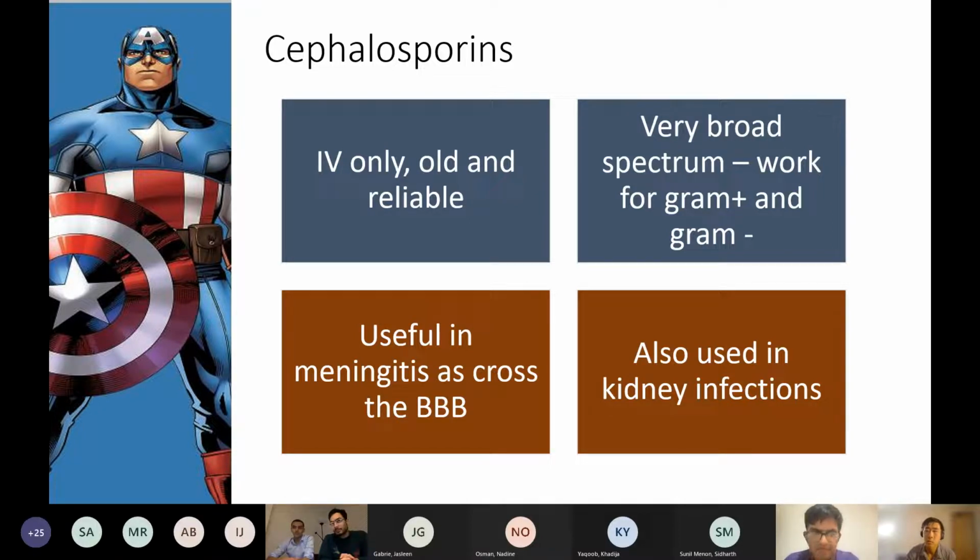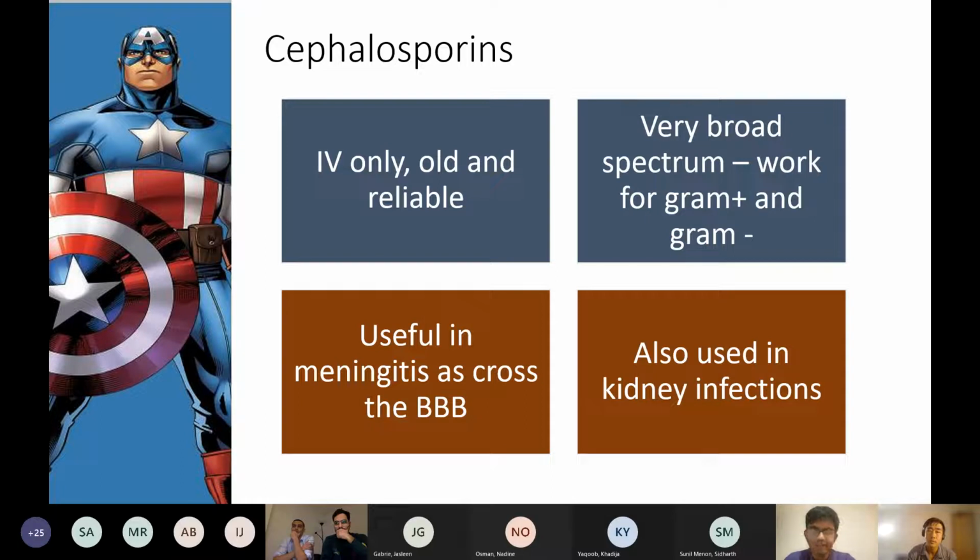Excellent. And then, yeah, you can use it in the context of kidney infections and UTIs in pregnant people. You can use cefalexin, which is an oral cephalosporin that we have now. Well, you don't really use it for that many things, but there's just a little tidbit of information for finalists in case it comes up.